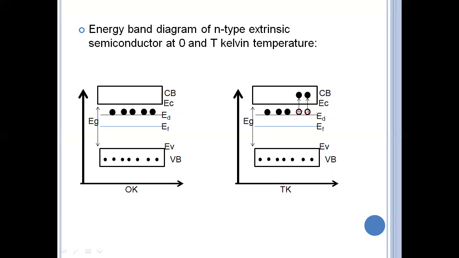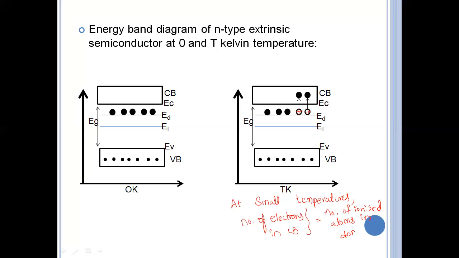On the screen, you can observe one condition: at small temperatures, the number of electrons in the conduction band is equal to the number of ionized atoms in the donor level.